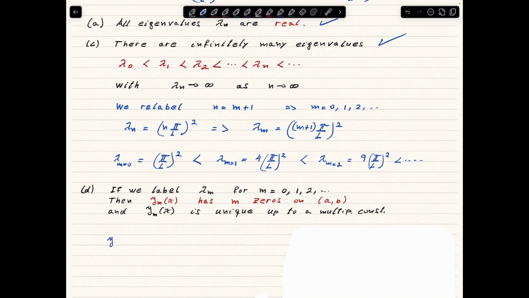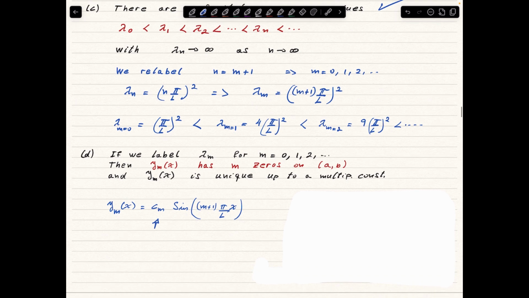The only thing we need to do is write y_m of x, which is proportional to a sine function of (m plus 1) pi x over L. But first, let's note that this constant c_m is a multiplicative factor. This is what we are saying here: it's unique up to a multiplicative factor.